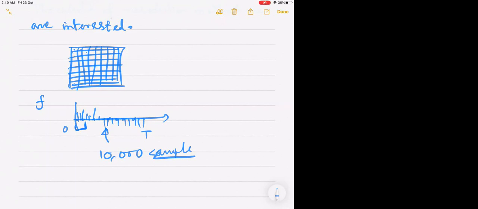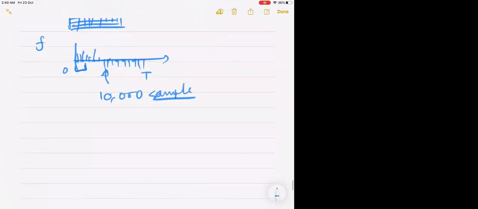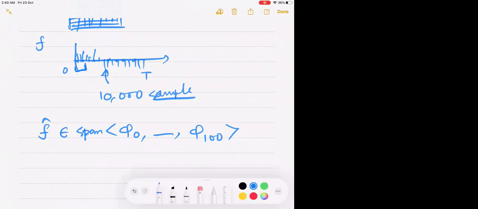So instead, I look at this f and its best approximation f hat in the span of the first, let's say, 100 functions, up to 99, because I'm counting from 0. That gives me the best approximation in terms of this resolution.